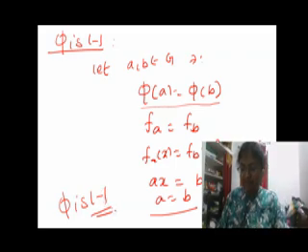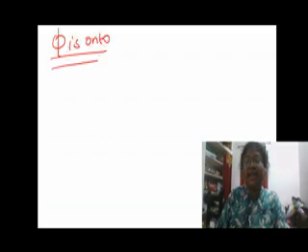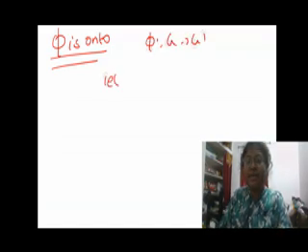And then we are going to prove phi is onto. So let me try to prove phi is onto. Phi is from G to G dash, right? So I'm going to take an element in G dash. Let FA belong to G dash.